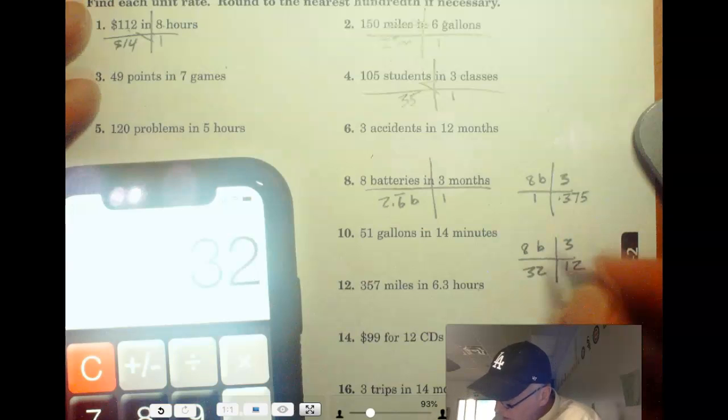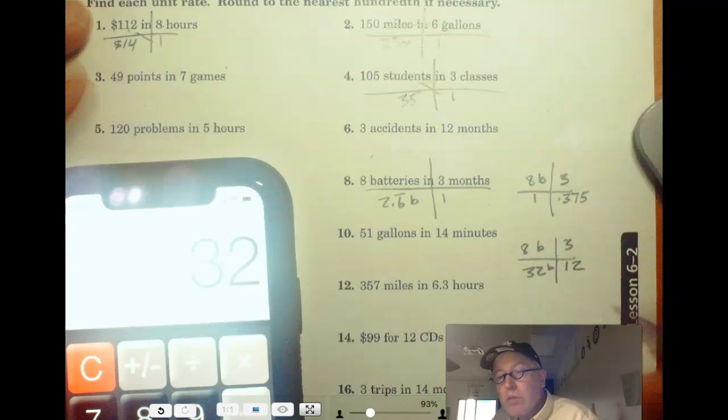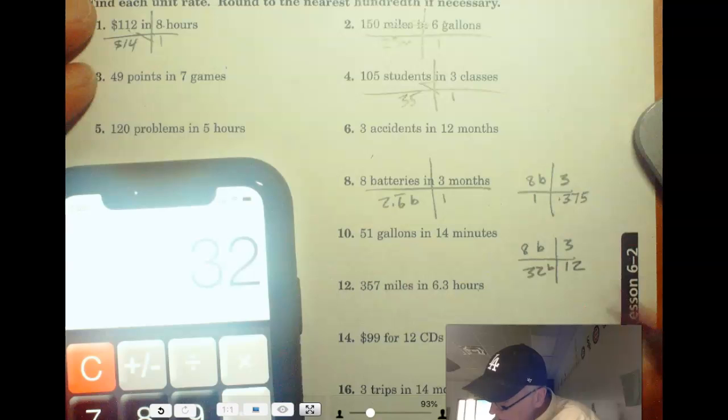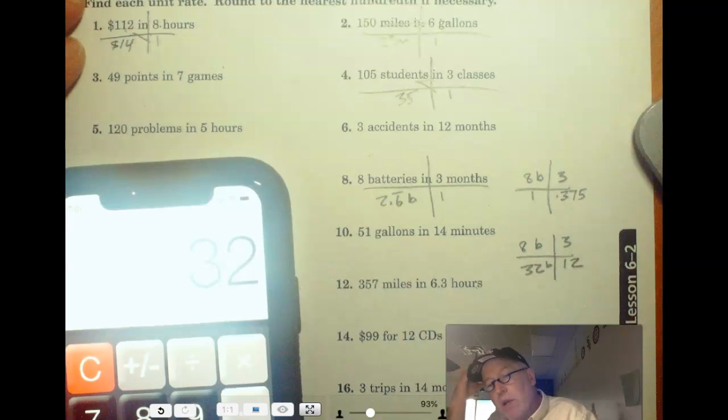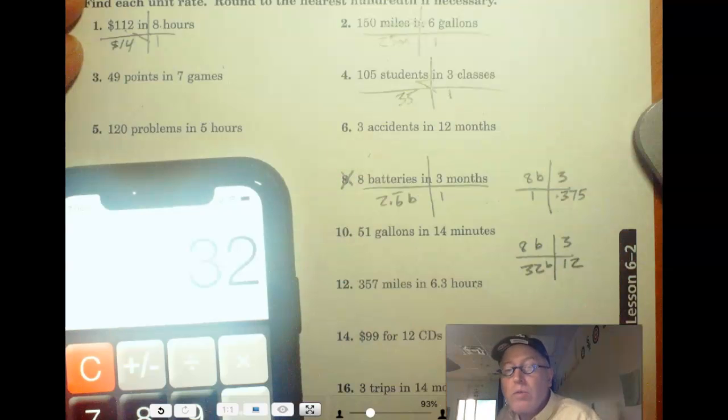So I don't think we're talking about car batteries here. It might be AAAs in the remote or something like that. Sometimes you just have to think about them and try to figure out what they might be going at. Some of them are just not great problems.